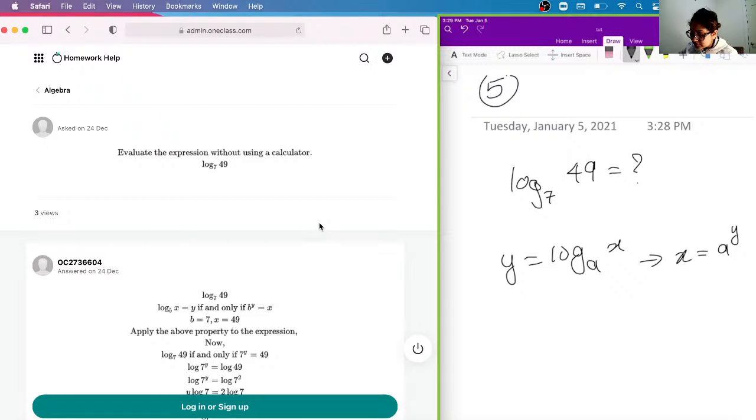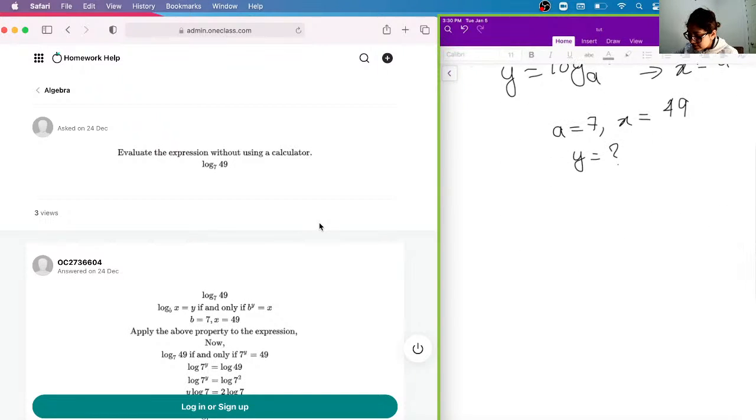For this specific question, we can say that a is equal to 7 and our x is equal to 49, and we need to find y. So this is what we're trying to find. We can rewrite it as log of 7^y is equal to log of 49.